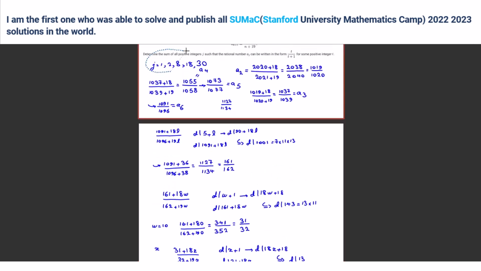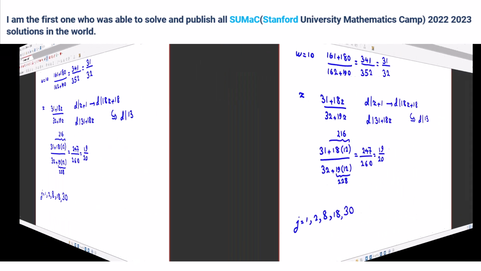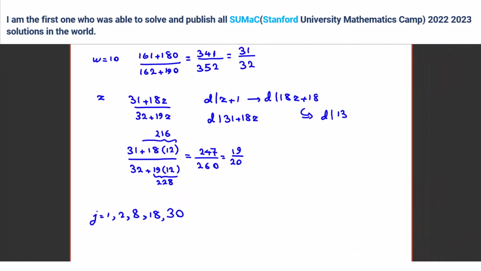You should find the next one. Next J's. Try. So now I get D divides 1. So D is equal to 1. Then we don't have any other J after that.